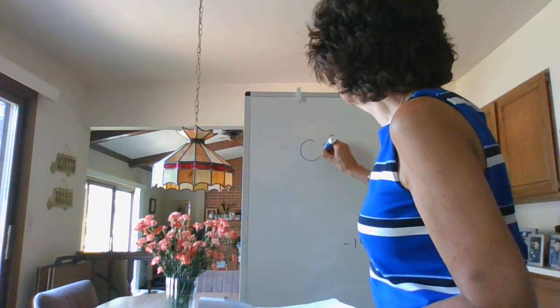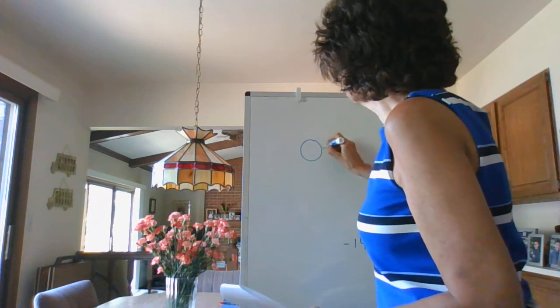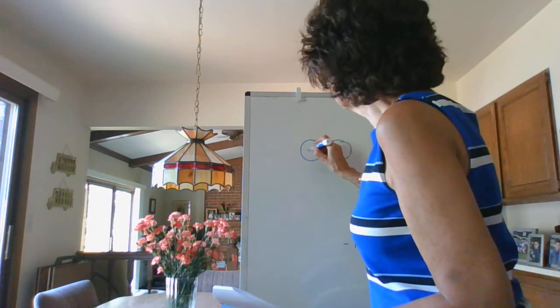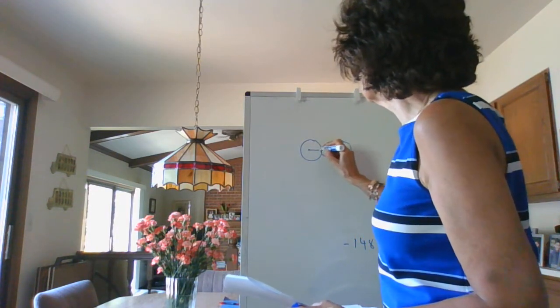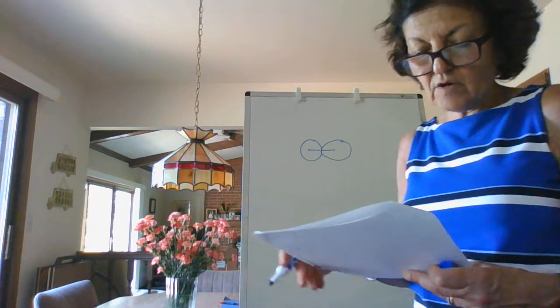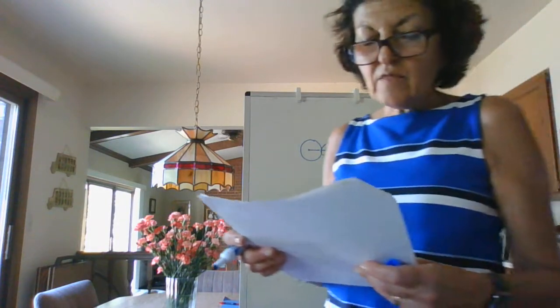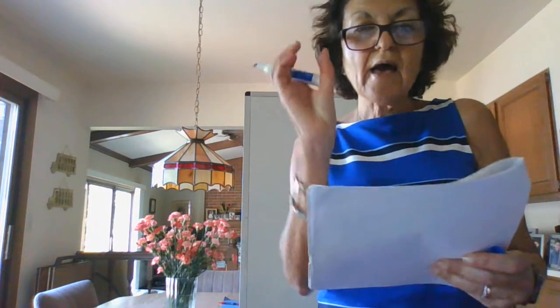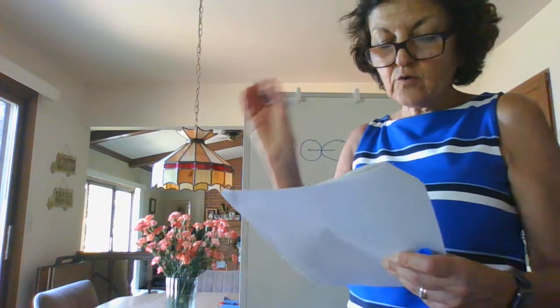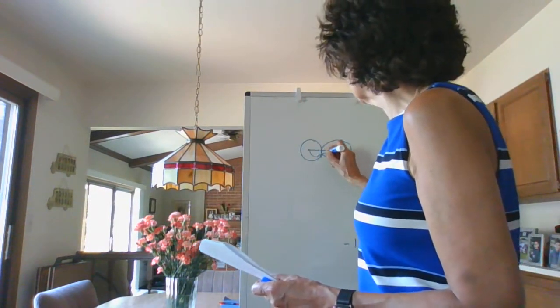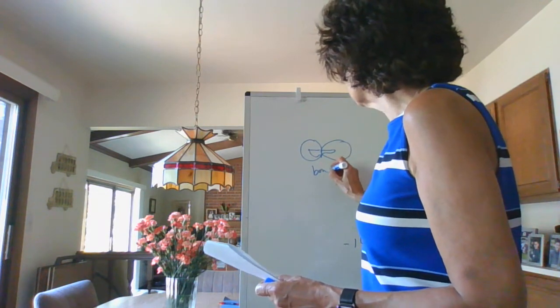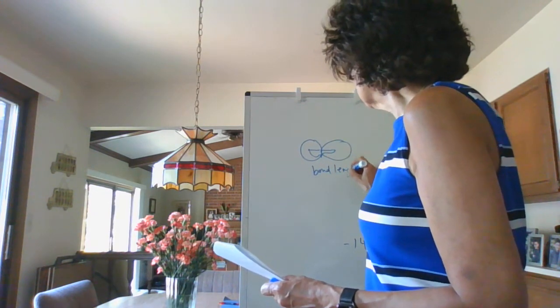And all you do is you measure this radius, and you add them together. So you take the carbon atom radius and the chlorine atom radius, and when you add them together, that is called the bond length.